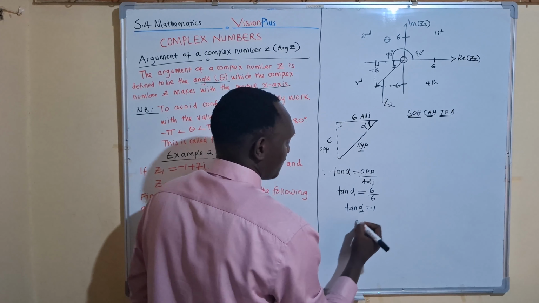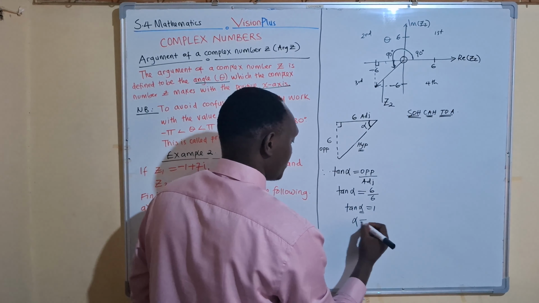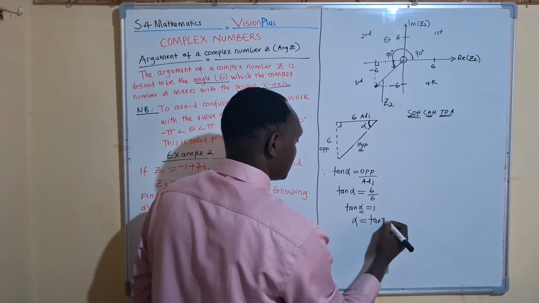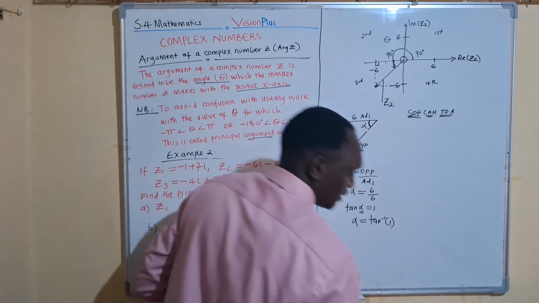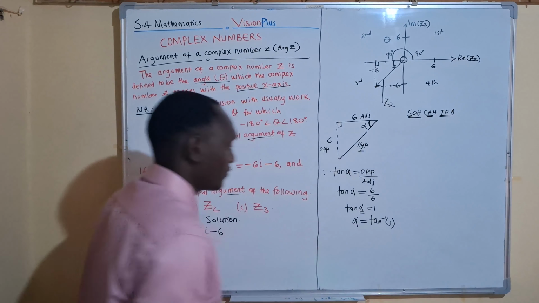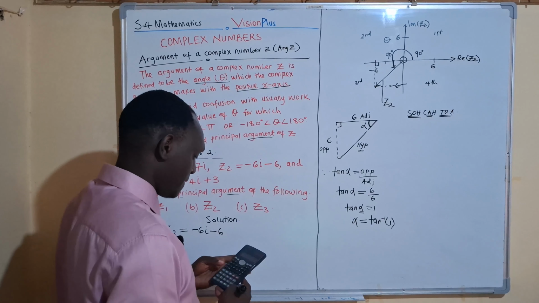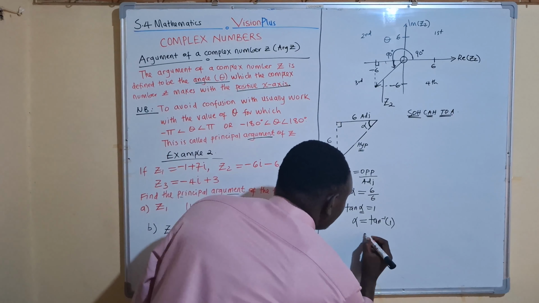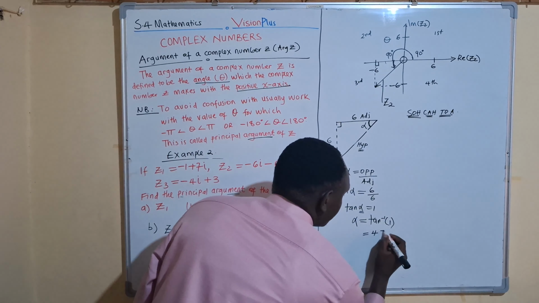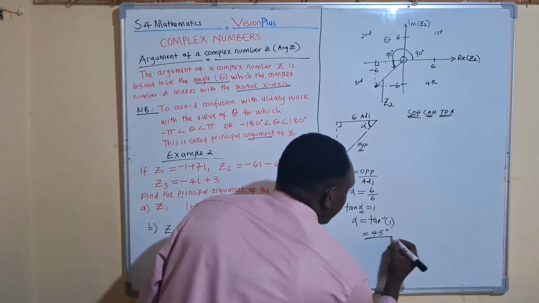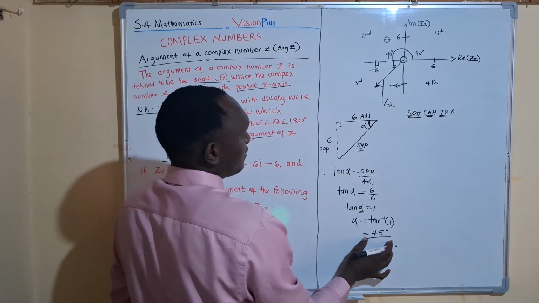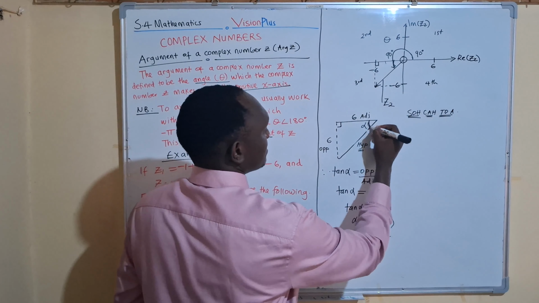Looking for alpha, alpha becomes tan inverse of 1. Then we press the calculator. Tan inverse of 1 gives 45 degrees. Now we have alpha as 45 degrees, which is just this small angle.